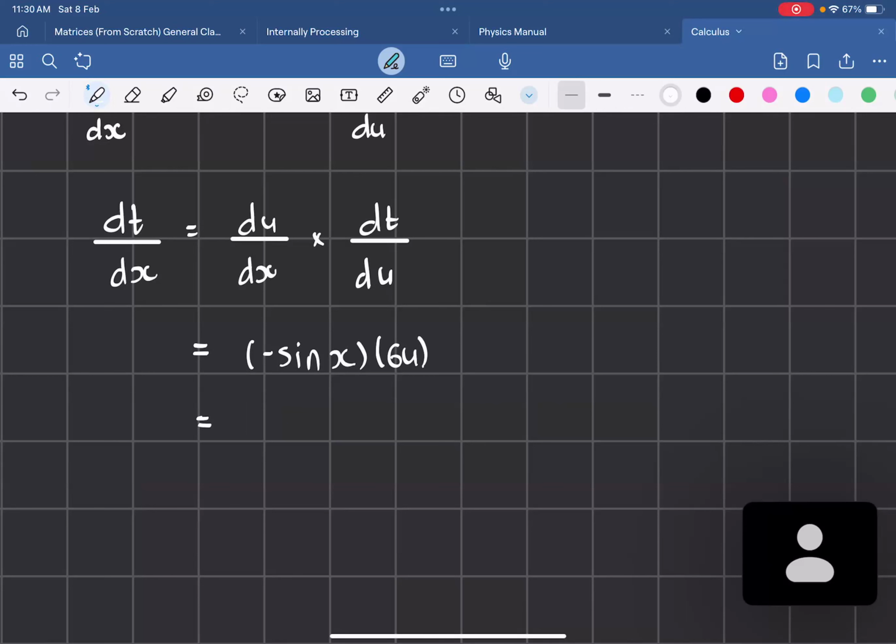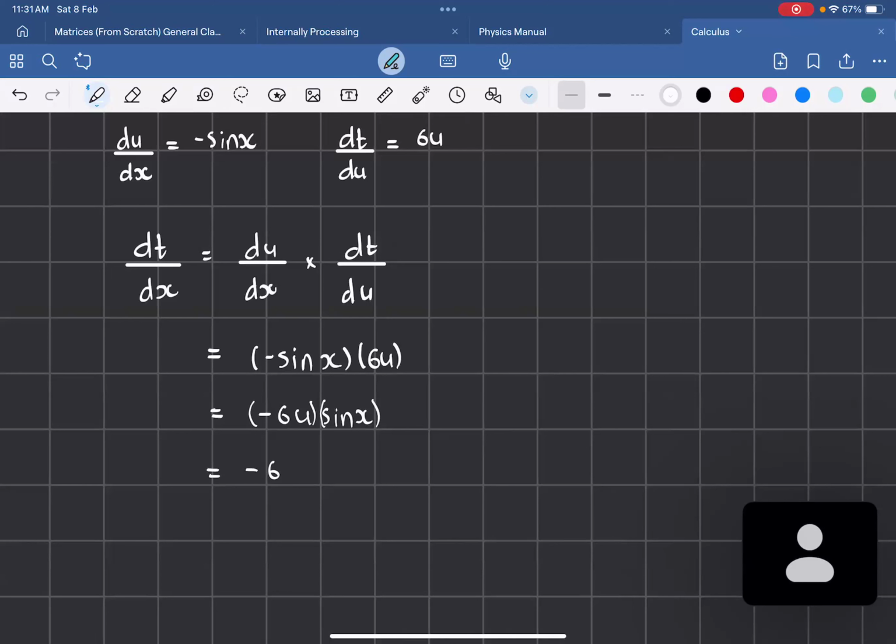So it will be minus 6u sine x. And now for the last line, it will be minus 6 cos x sine x. That's correct. Nicely done.